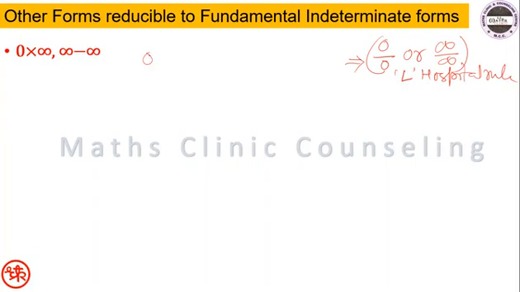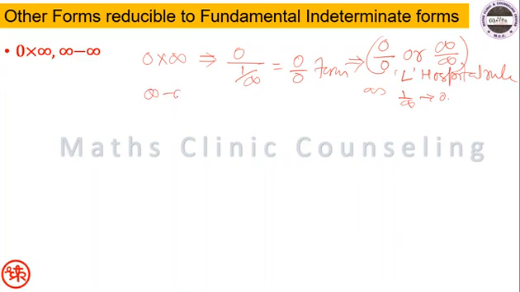Now look here. 0 into infinity can be written as 0 upon 1 by infinity, and that is 0 by 0 form, as 1 by infinity tends to 0. Is that clear? And so we can apply L'Hospital rule.